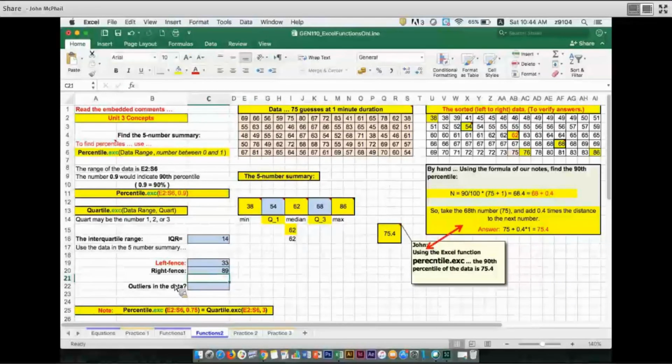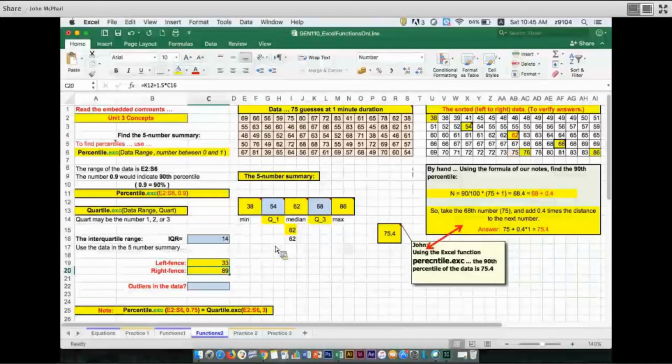Are there any outliers in our data? Well, the smallest data element is 38. That is larger than the left-hand fence. The largest data element, 86, that's smaller than the right-hand fence. The minimum and the maximum are within the fences.